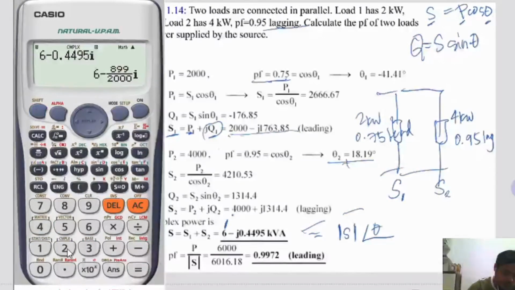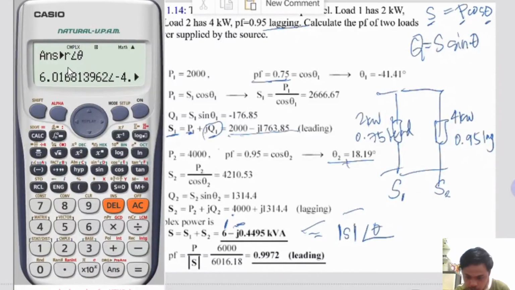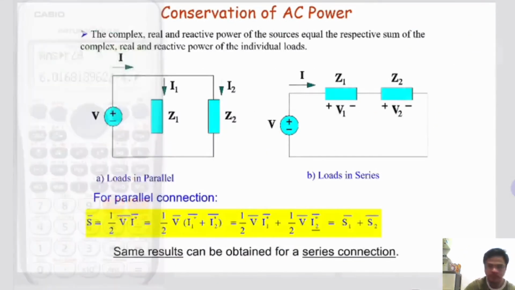Then we'll convert that to polar form. So you have 6.01 kVA, and we now have 0.95 leading. Leading because the sign of your reactive power is negative. So this is the reactive part.